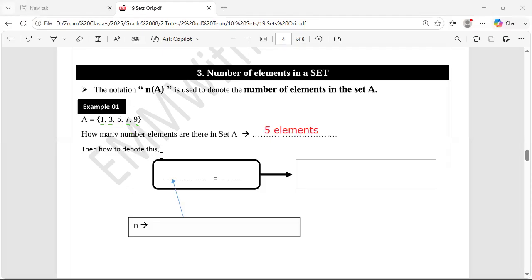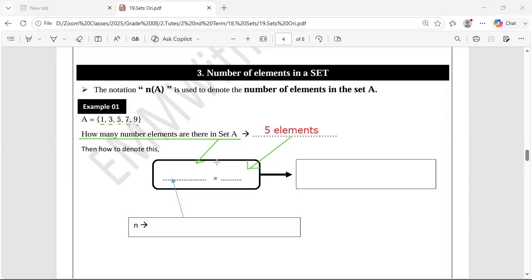Then how to denote this? Number of elements in A. Now I am going to represent this whole thing in a mathematical way. First of all, I will represent this part here, then the 5 elements I will write here.